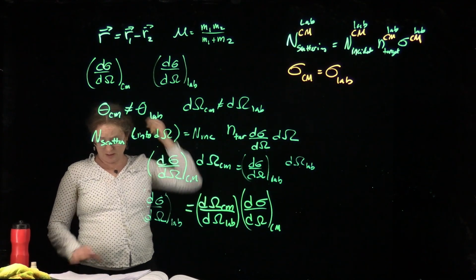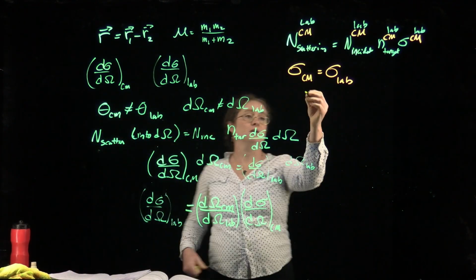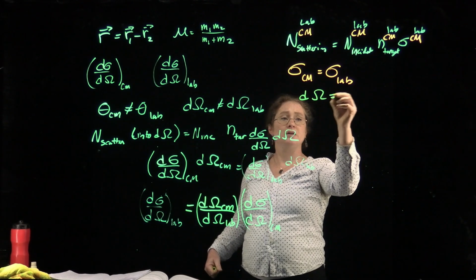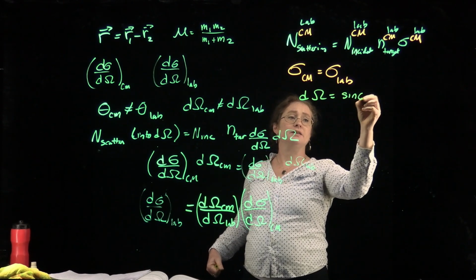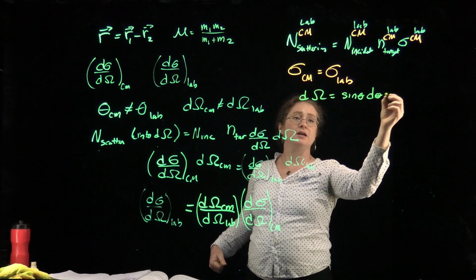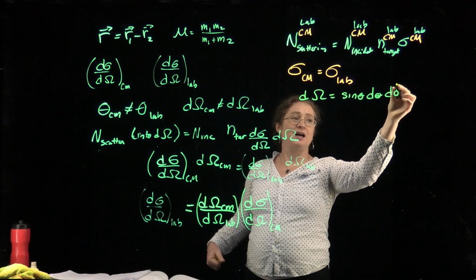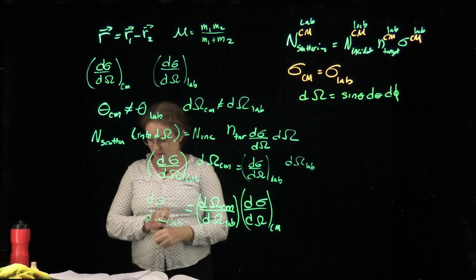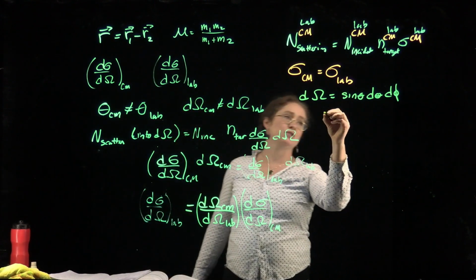So then I can write d omega equals sine theta d theta d phi, except that the d phi part doesn't change very much.